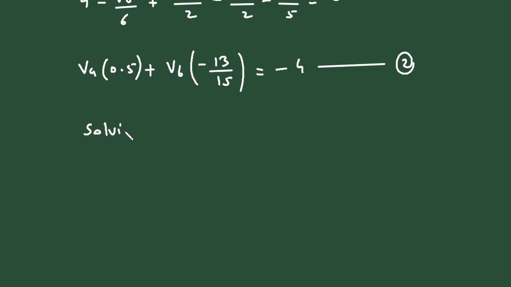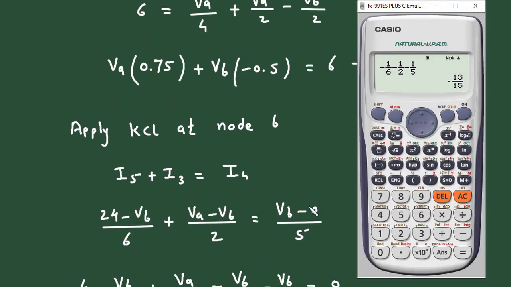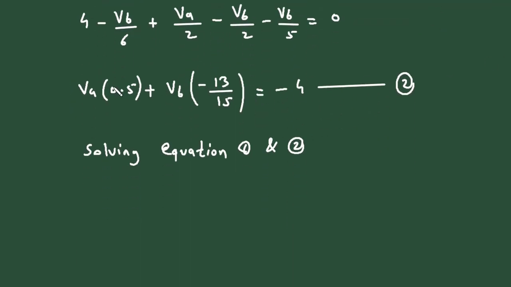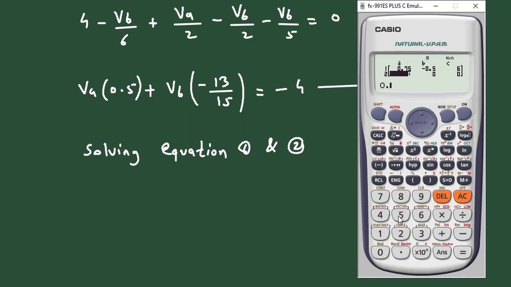So solving equation 1 and equation 2, if we solve these two equations, we get the matrix with 1, 0.75, minus 0.5, then 6, and from equation number 2, 0.5, minus 13 by 15, minus 4.